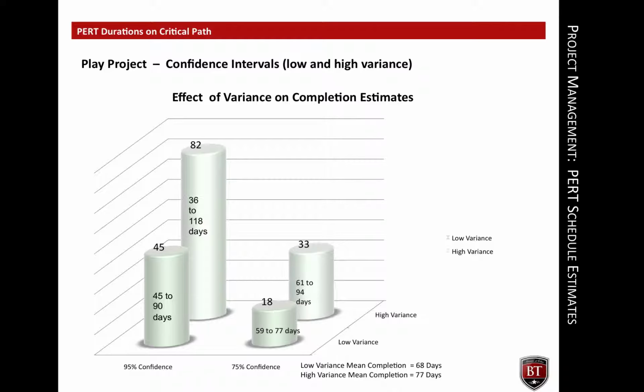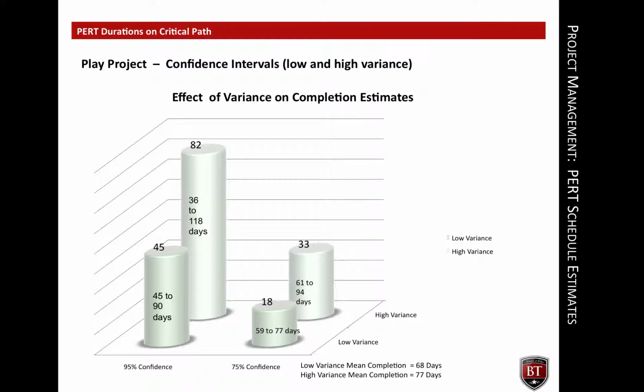The actual duration of the design and construction phases of the project is predicted to be between 59 and 79 days. The probability of the actual duration being between 59 and 77 days is stated as 75%. The probability of the actual duration being between 45 and 90 days is stated as 95%.